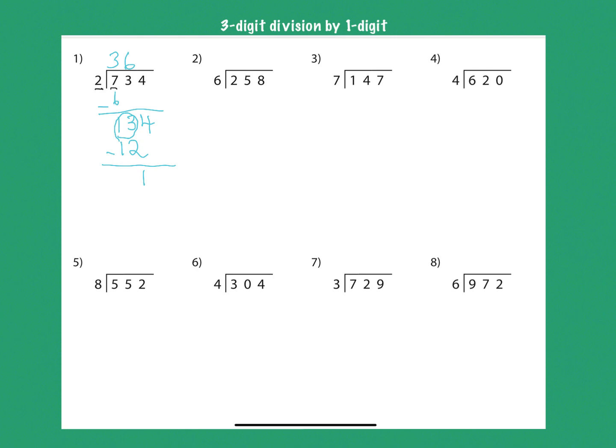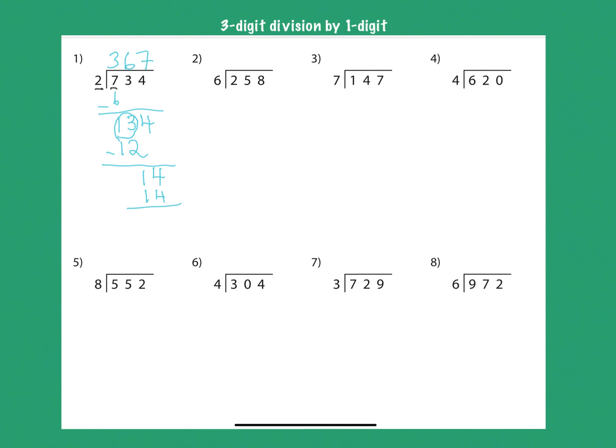And then you bring down this 4. How many 2's fit into a 14? Let's see. 2 times 7 is a 14. That's very obvious. So we actually don't have a remainder for this question. So that's fantastic.